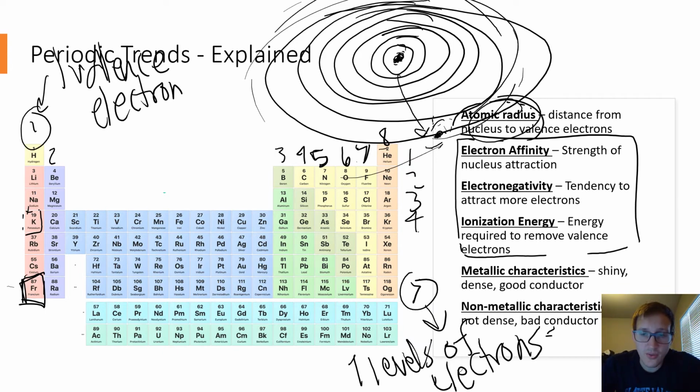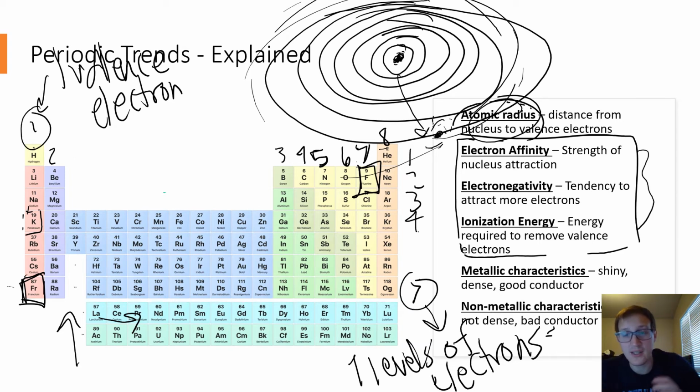The strength of the nucleus attraction. Notice that these three do the exact opposite as atomic radius does. So it increases as it goes up and to the right. For example, fluorine has a relatively high all three of these: electron affinity, electronegativity, and ionization energy.